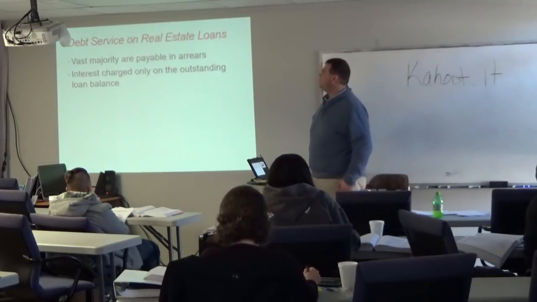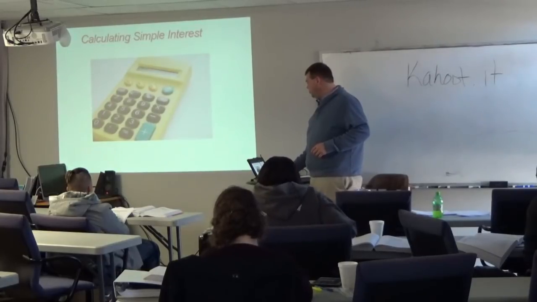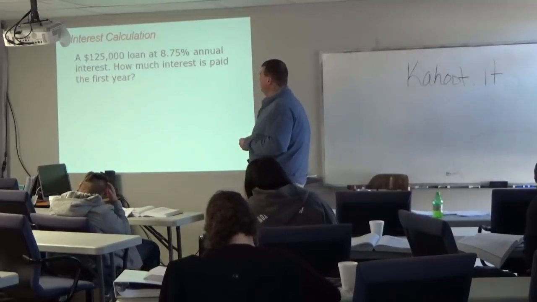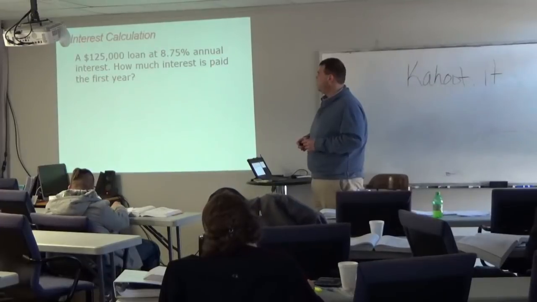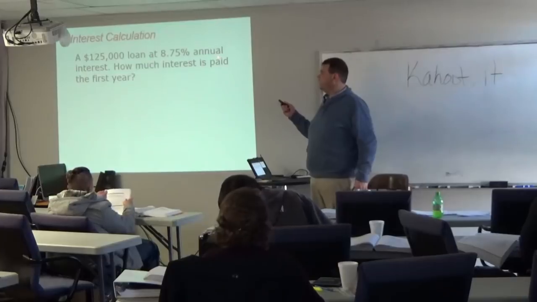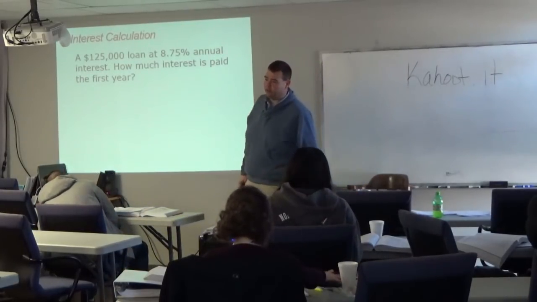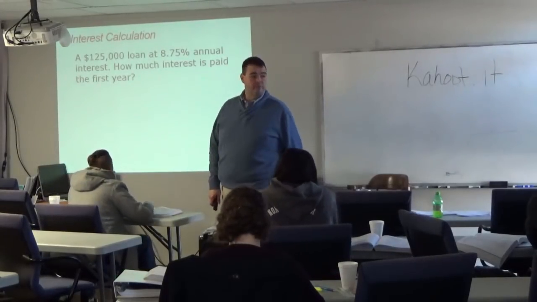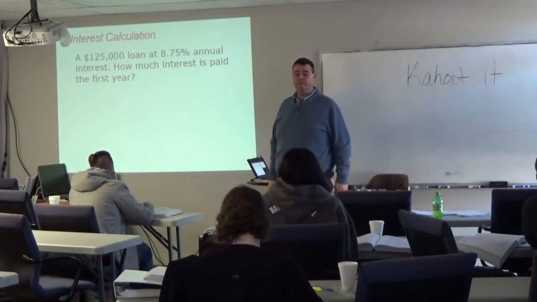As we said, most of the time it's payable in arrears, and it's charged on the outstanding loan balance. So, just as an example here, this is a $125,000 loan at 8.75% annual interest. How much interest is paid in the first year? Well, that's an annual interest rate. So what are we going to do with that annual rate?